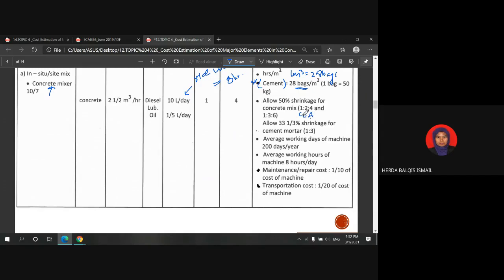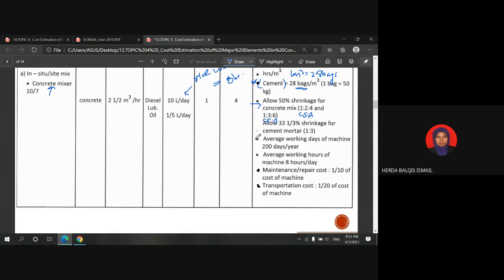It is CSA. Same goes for the concrete mix 1 to 3 to 6: 1 portion for cement, 3 portion for sand, and 6 portion for the aggregate. I will explain in detail what is meant by allow 50% shrinkage for the concrete mix, depending on the ratio of the materials.